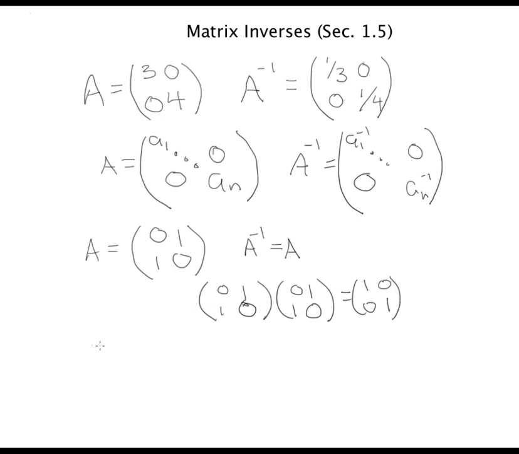A sort of obvious non-example is if A is equal to the 0 matrix. Then there's no way you can multiply that by anything to get the identity, so A inverse does not exist.